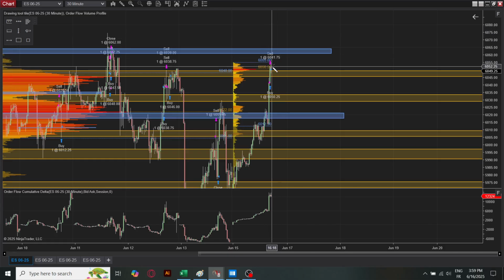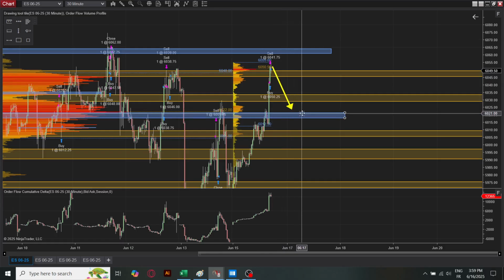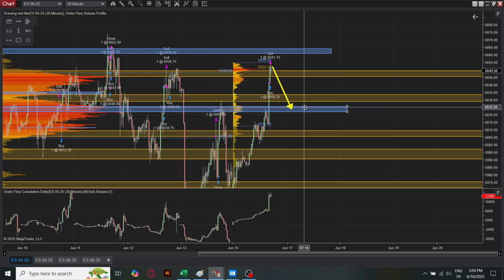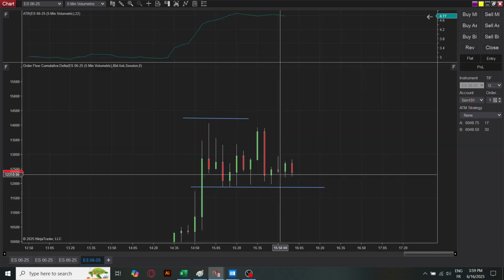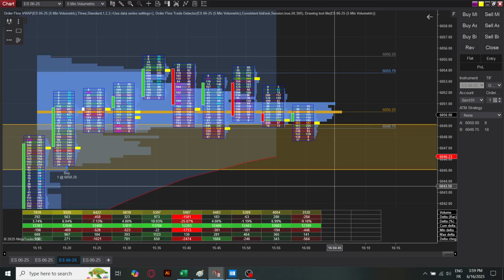So from here I can go all the way to this level, of course, if cumulative delta closes under.